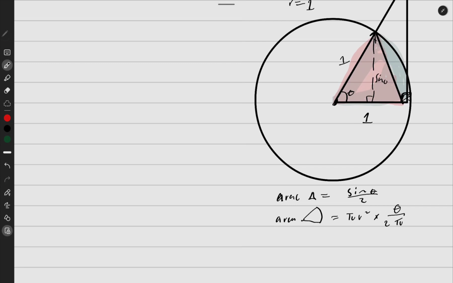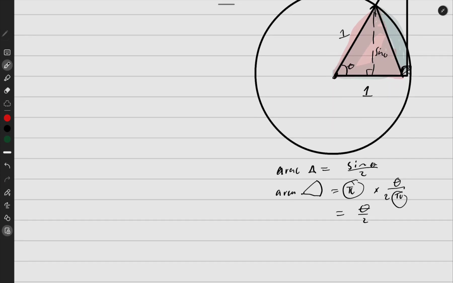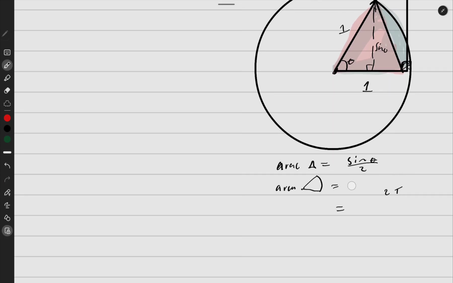Since r is 1, this doesn't change a thing. This pi will cancel this pi, and this area is going to be theta all over 2.